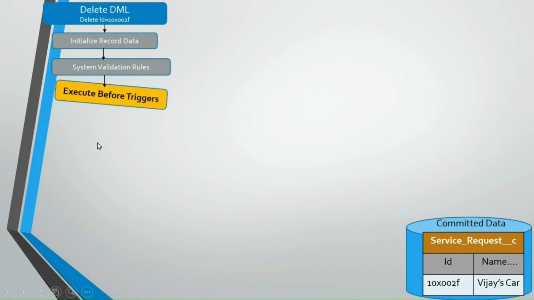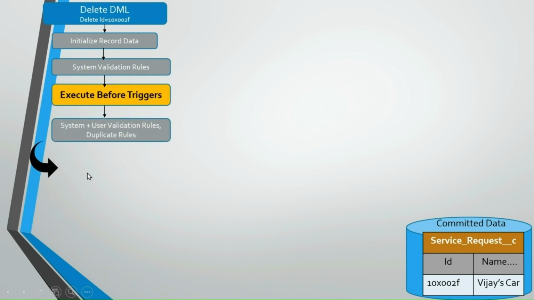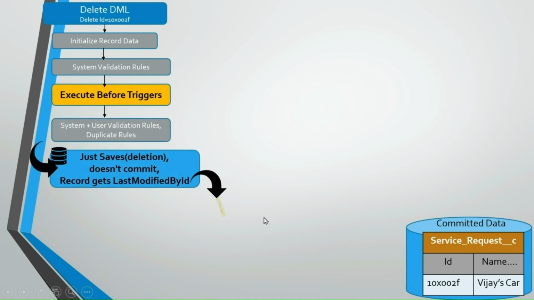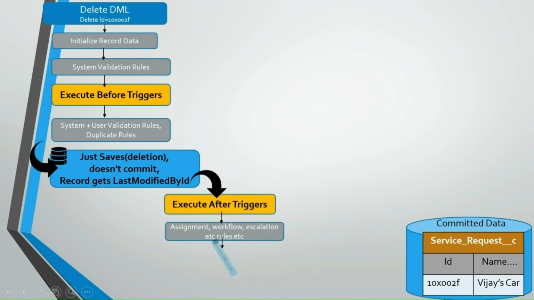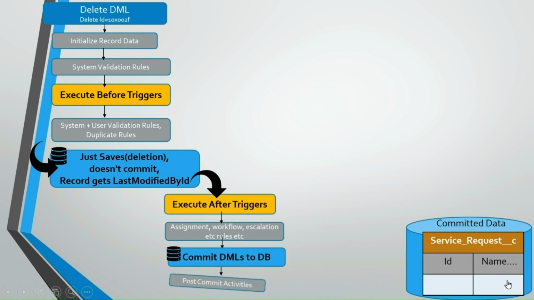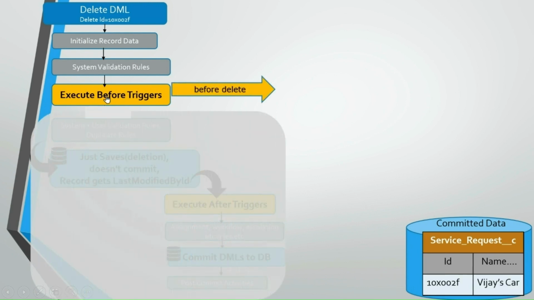As you know, at this save step, it will not get deleted. Only after the commit step, it will get deleted from the database. Since we are looking at the before delete trigger event, just concentrate on this step for now. At this point of time, this record has not yet been deleted from the database.